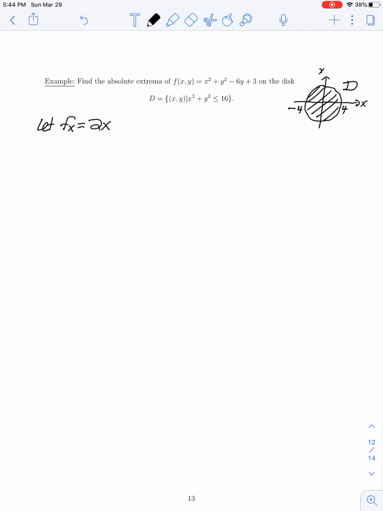So in our first step, let's look for the critical points of our function that would lie within this disk D. So we start by looking at our partial derivative of f with respect to x, which would be 2x, and we set this equal to 0. So x is 0. And setting our partial derivative of f with respect to y, which is 2y minus 6, equal to 0, we find 2y is 6, or y is 3.